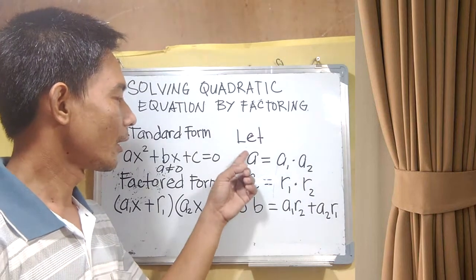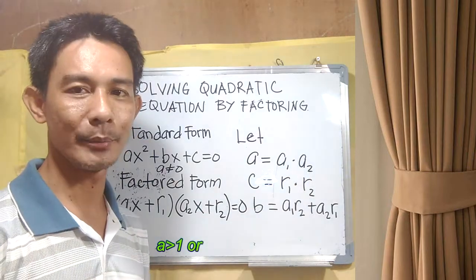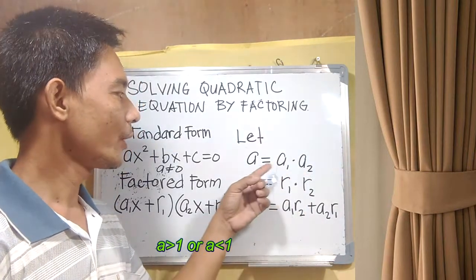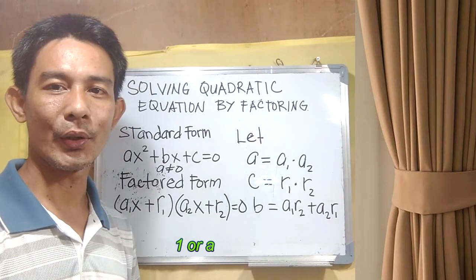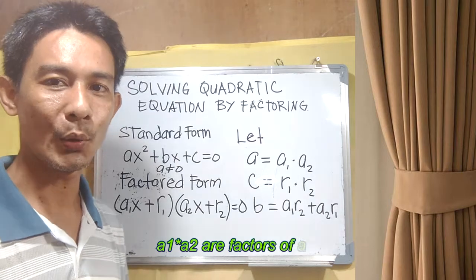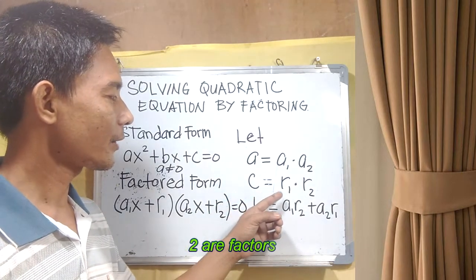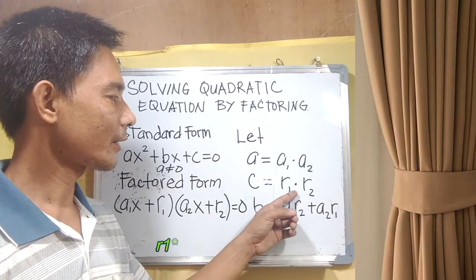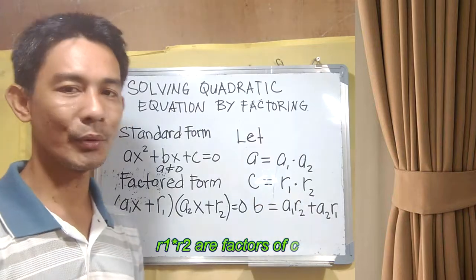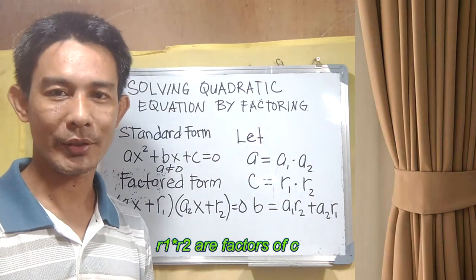So let a equals a sub 1 times a sub 2. So a sub 1 and a sub 2, these are the factors of a, the factors of our leading coefficient. And c equals r sub 1 times r sub 2. r sub 1 and r sub 2 are our factors of the constant.